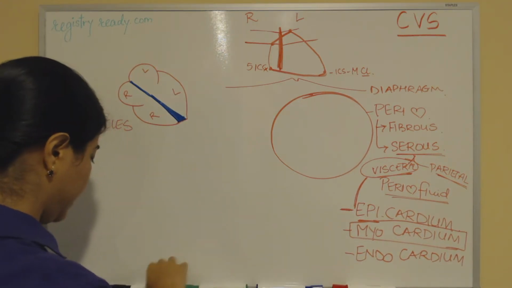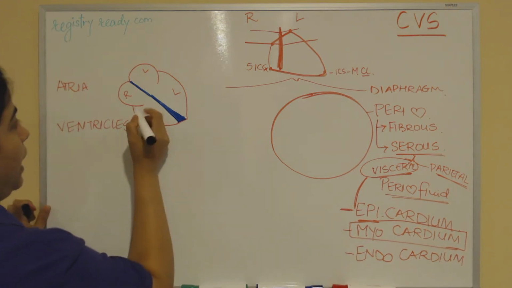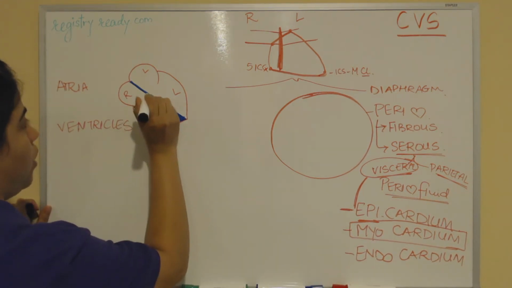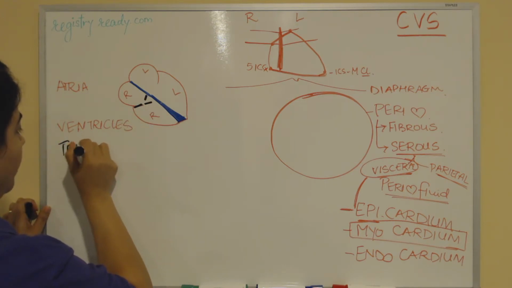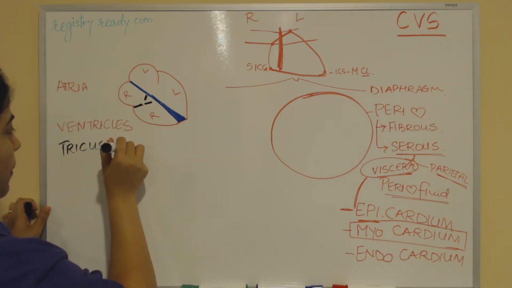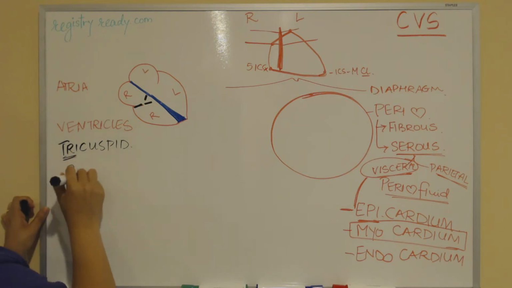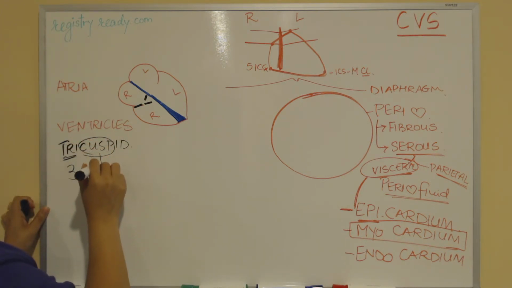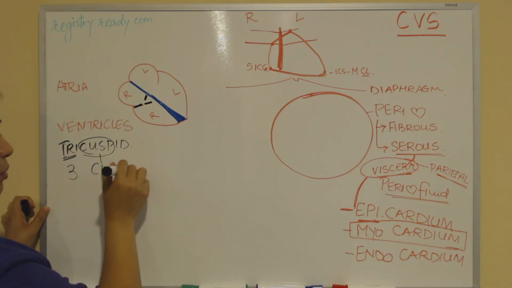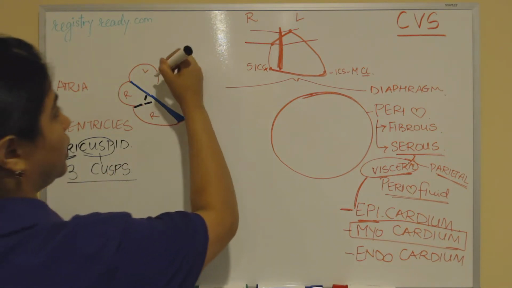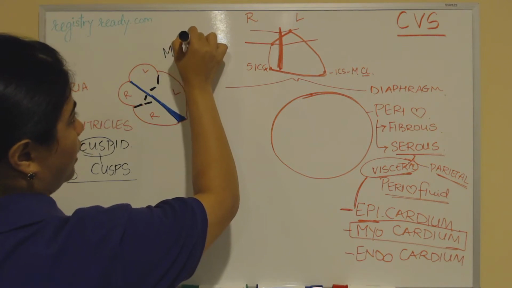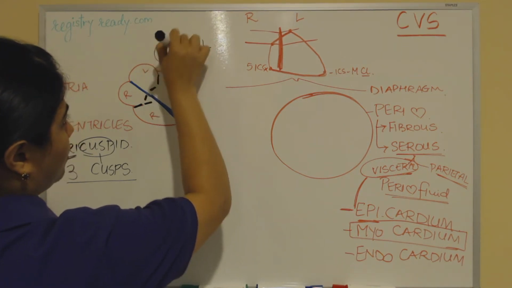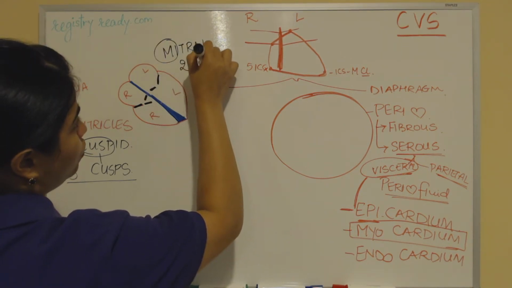But between these we have valves. On the right side we have the tricuspid valve, tri meaning 3, cuspid, 3 cusps which make up the valve. On the left side we have the mitral valve, bi meaning 2, so 2 cusps.